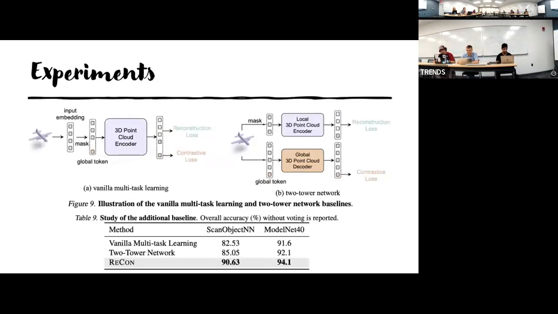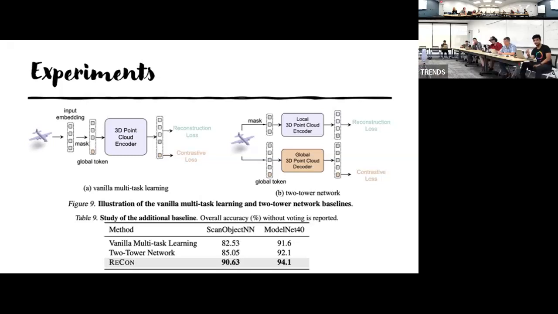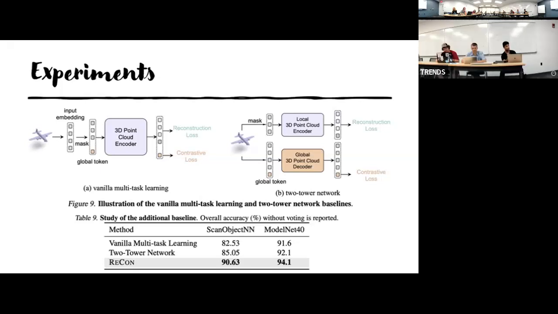Another thing that they did is use just a 3D point encoder and then use the same thing for the reconstruction loss as well as for the contrastive loss. You can see that vanilla multitask learning is actually not performing that well, but by using the two tower network, which is the ReCon method, they are performing much better than any other modeling.